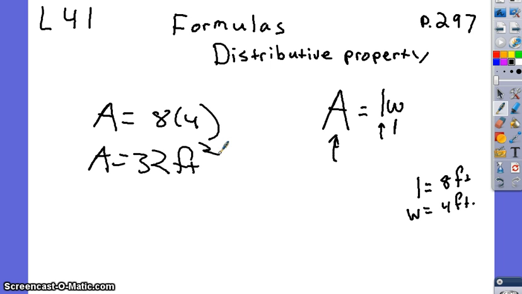Let's try a different formula. Let's try and work out 2 times (L plus W). Here's a different formula. We're going to have the length plus the width multiplied by 2.